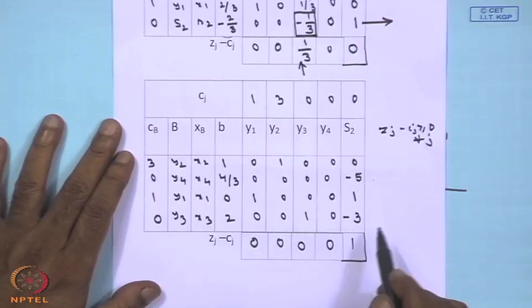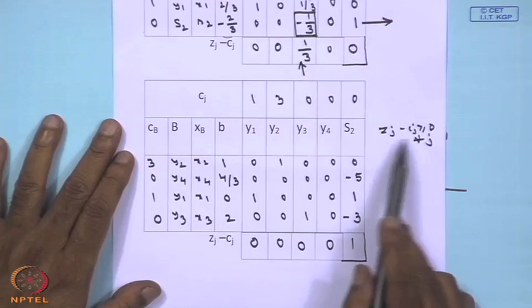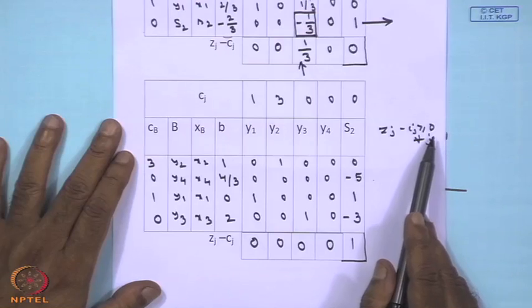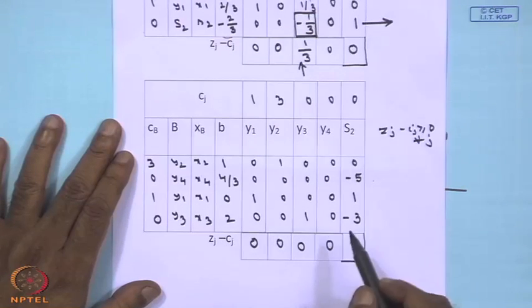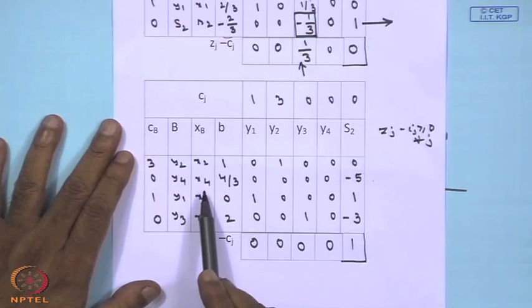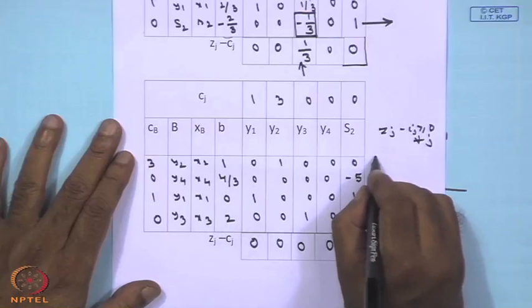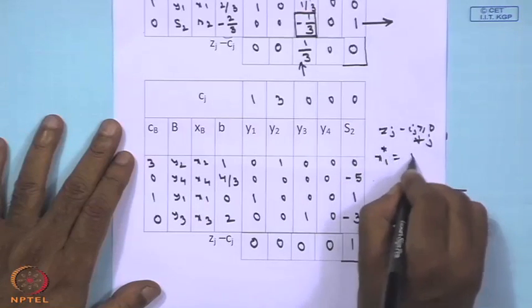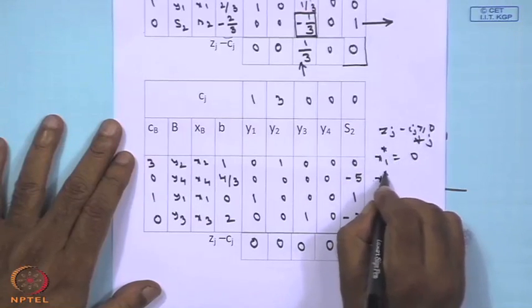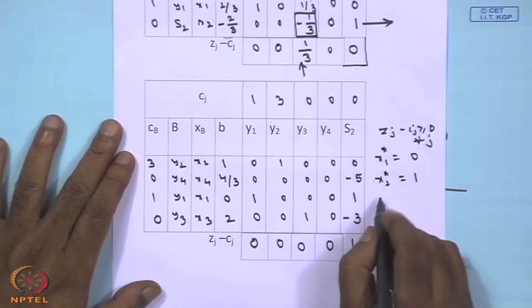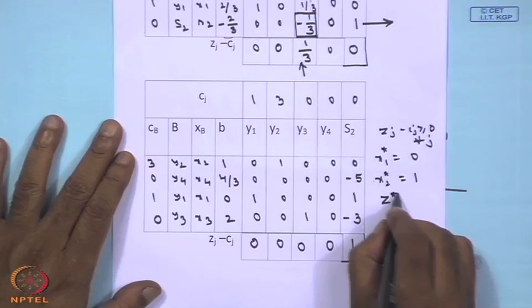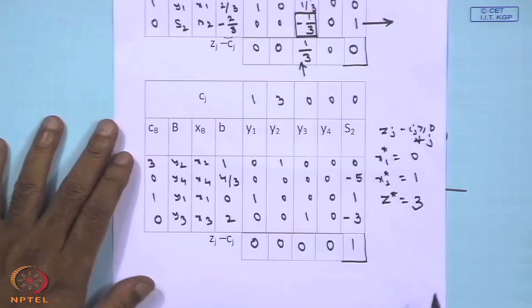Therefore, now we got the optimal solution, since Zj minus Cj greater than or equal to 0 and the values of the decision variables are integers. Therefore, x1 star equals 0, x2 star equals 1 and your z max or z star, if you calculate, equals 3.